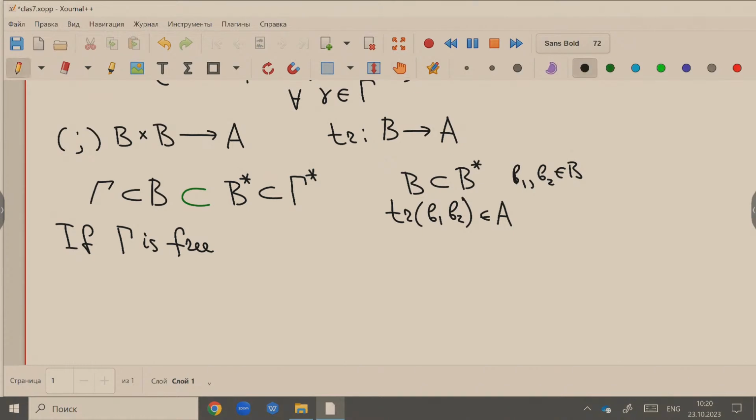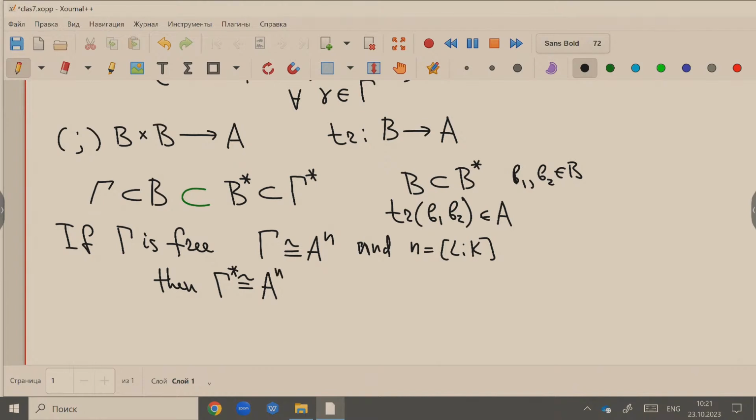So if gamma is free, then free means that gamma is isomorphic to A^n, where we assume that n has maximal dimension. So n is just the degree of L over K. And then we have proved that gamma dual is isomorphic to A to the power n.